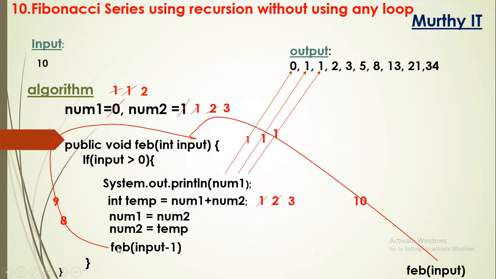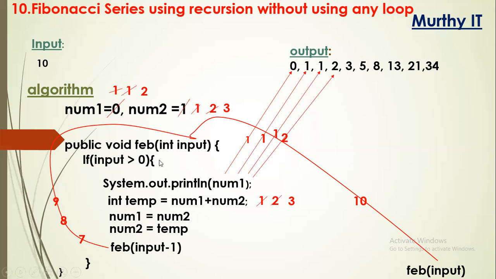Now we are calling this method itself with 8 minus 1, by passing 7 it will be called. Now in number 1 variable, whatever value is there, that value will be printed. So until the input becomes 0, until this logic executes, the method itself is called, until the input is greater than 0.